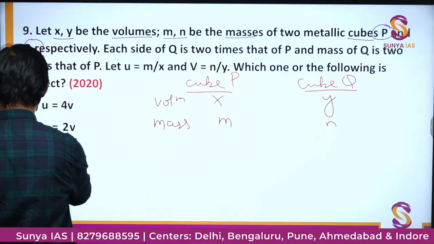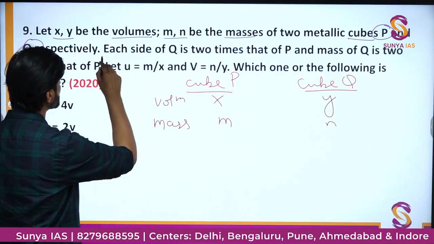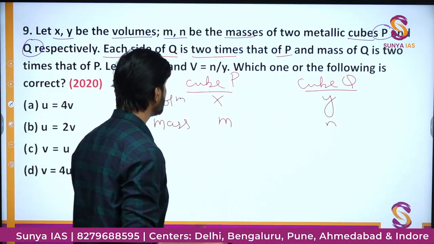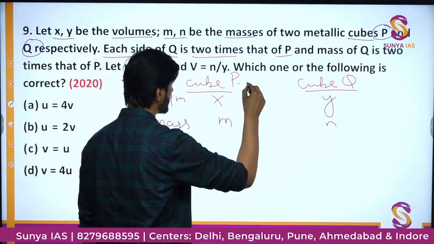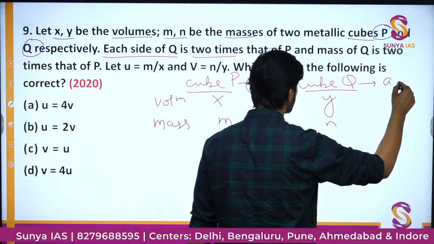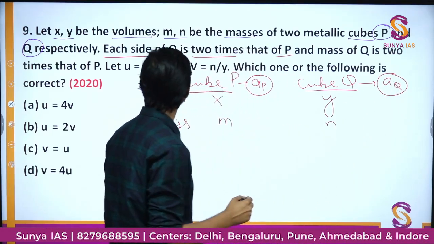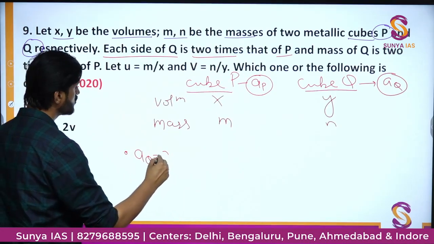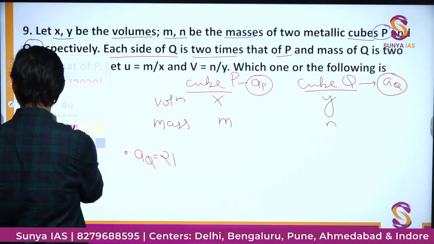Further it says that each side of Q is 2 times the side of P. So if the side of cube P we are assuming to be AP and the side of cube Q we are assuming to be AQ, simply it says that AQ is 2 times AP.